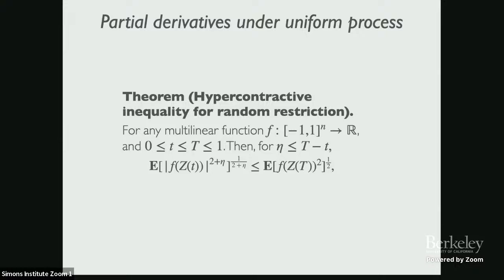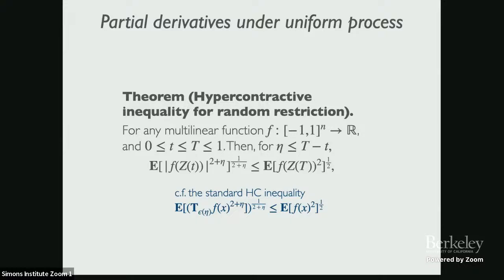So maybe let me expand it a little bit. In a standard hypercontractivity inequality, on the left-hand side you have your function applied with a noise operator, and then you can take a higher norm and compare with the 2 norm. And here, what we are comparing is random restrictions with time little t before time capital T. So at the beginning, you have no information about your input.